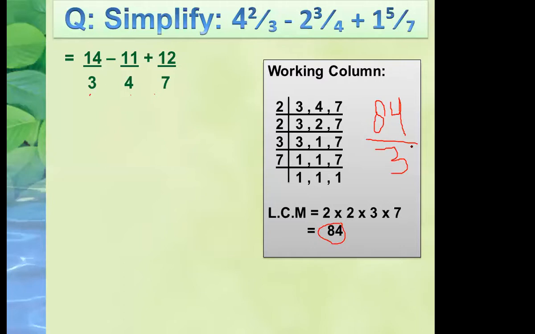So 3 ones are 3, 3 twos are 6, and 3 eights are 24. So I'm going to multiply this 3 by 28 so that my answer will be 84. Okay, so this 3 will be multiplied by 28 as well as the numerators.